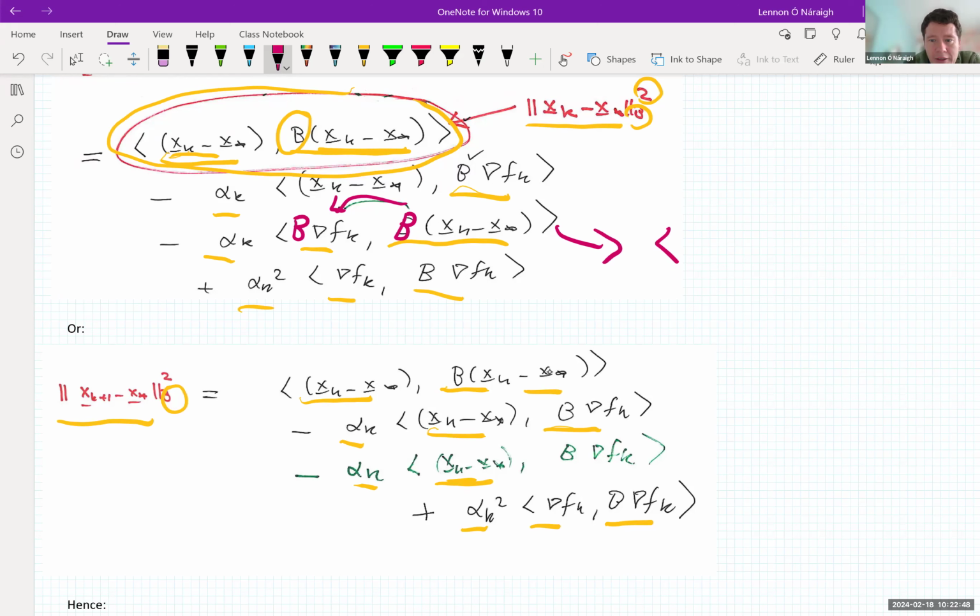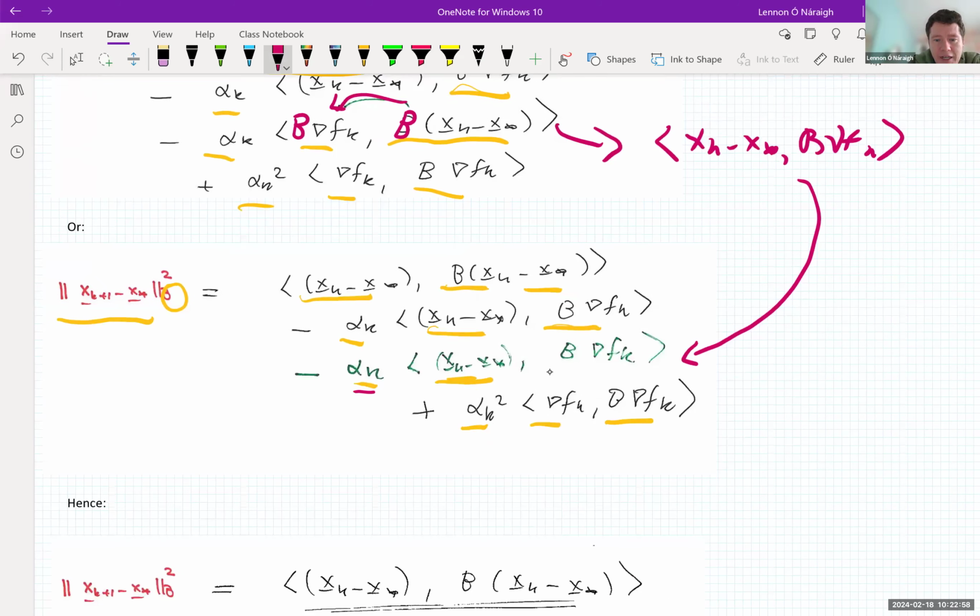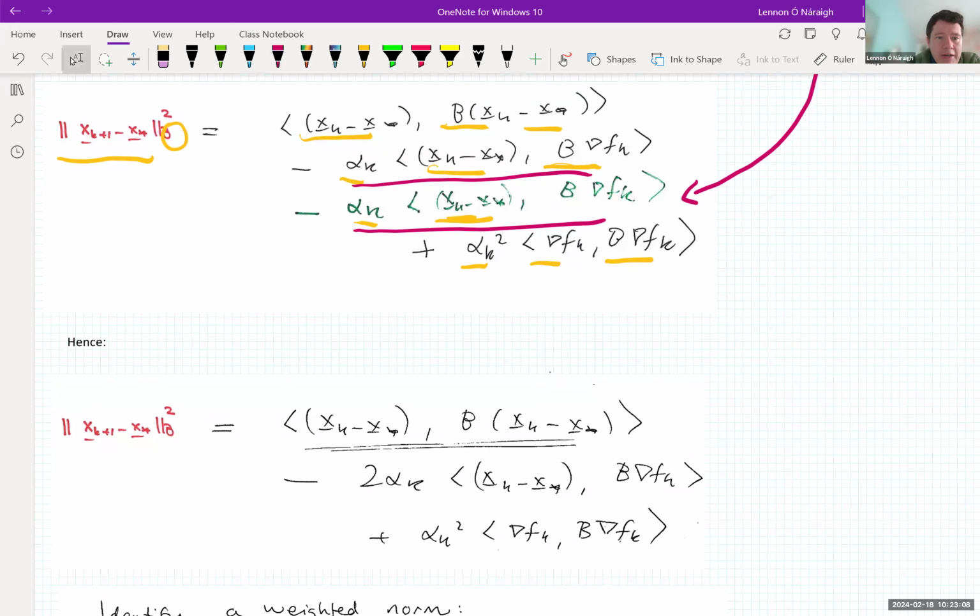This will be (x_k - x*) B grad f. And that's what I have down here. So the point then is that this is the same term appearing twice. And I can only really do this manipulation because B is a symmetric matrix. So that means I have the same term appearing twice. So it's the minus 2 alpha_k.